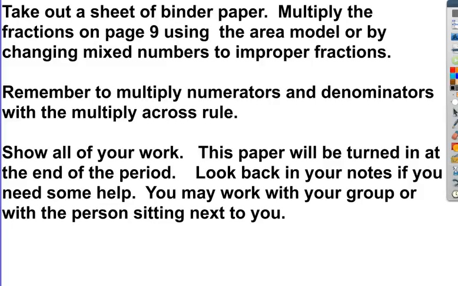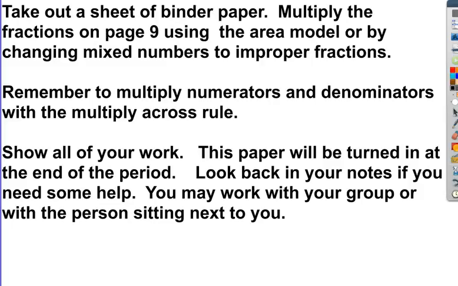Now, if you get all of those examples done and there's still time in the period, turn your paper over and make 6 examples and then do the same thing. And make them a combination of whole numbers and fractions, mixed numbers and whole numbers, and mixed numbers and mixed numbers when you're making up your examples. And then do the same thing, work it out.